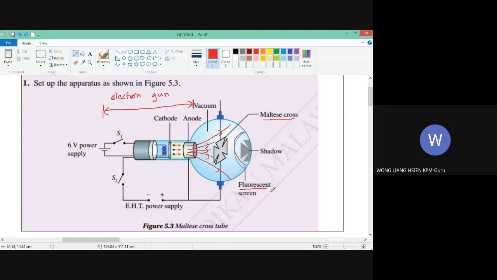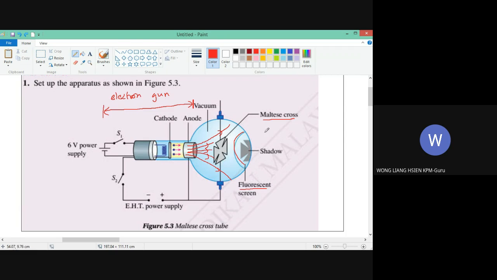When the electron hits this screen, it will light up and produce green color light. But because of the Maltese cross here, the Maltese cross will block some of the electrons. So you can see there's a shadow with the shape of the Maltese cross.